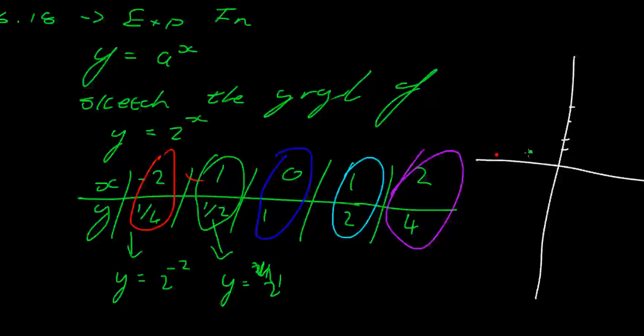X is 0, y is 1, that's over there. X is 1, y is 2, that puts us over here. And x is 2, y is 4, that puts us over there. So I've just plotted these ordered pairs, and then you can draw your graph.